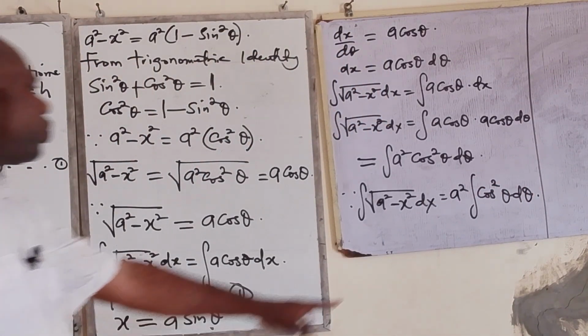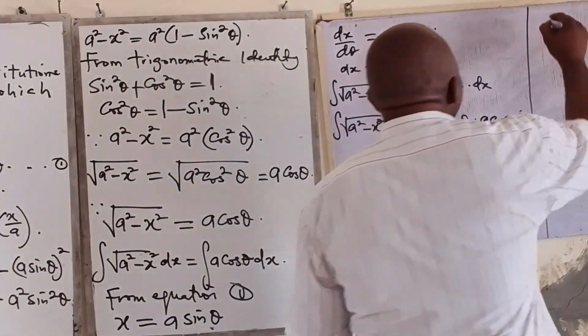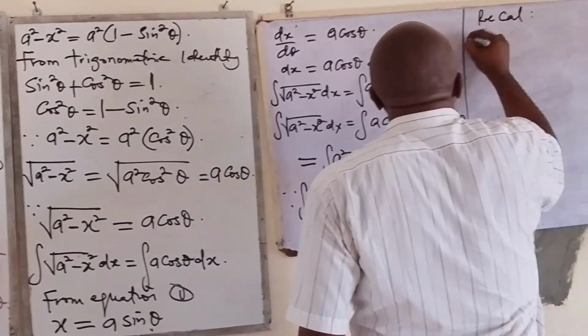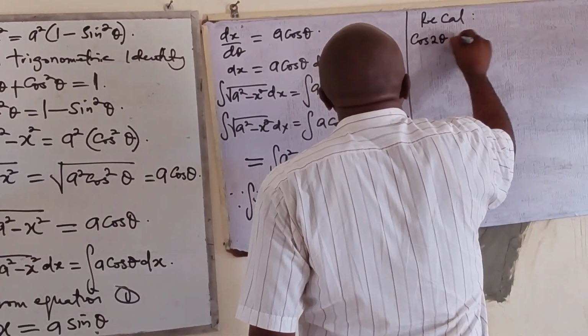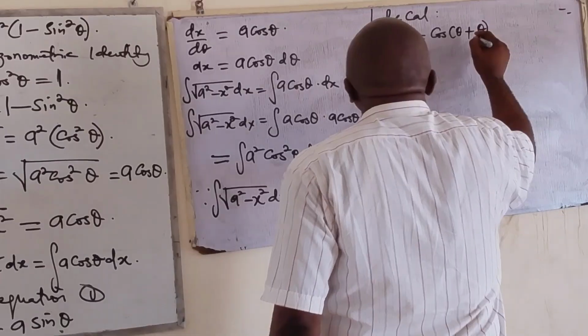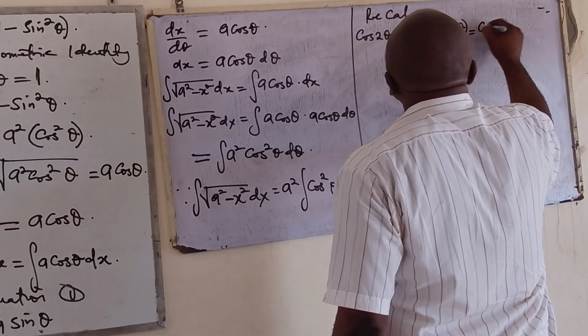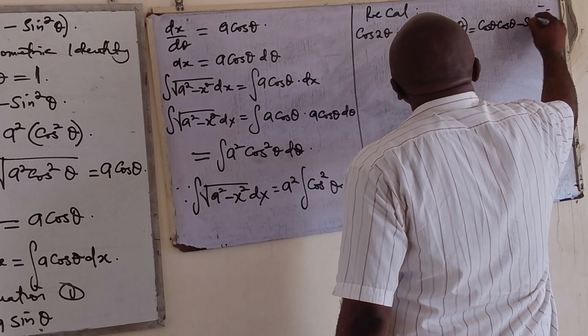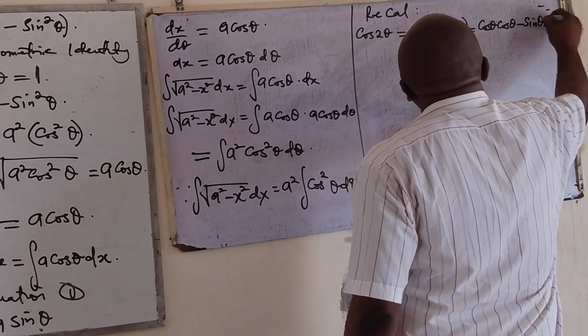Now let's look at cos squared theta. Recall that cos 2 theta is the same thing as cos of theta plus theta, which is cos theta cos theta minus sine theta sine theta.